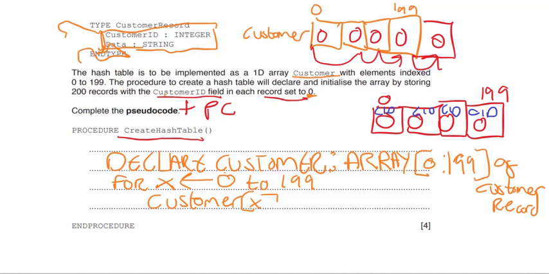X, so whatever index position the for loop is in, so it's going to start on 0, so we're going to start here. And in there, we want to put, for customer ID, assign it the value of 0. End for.